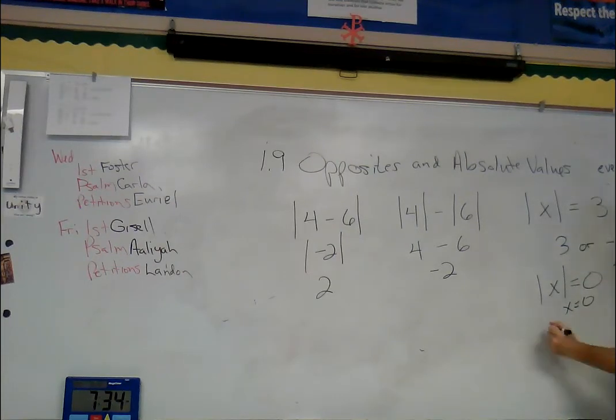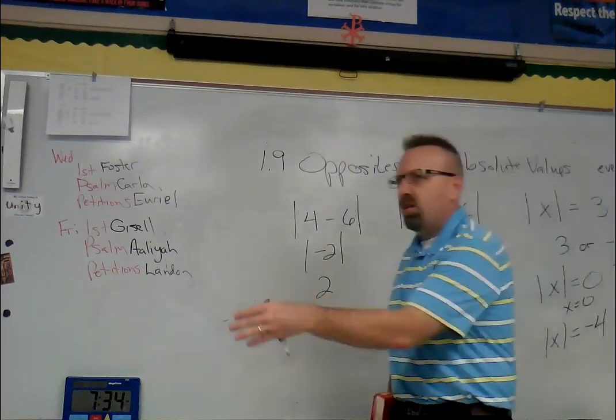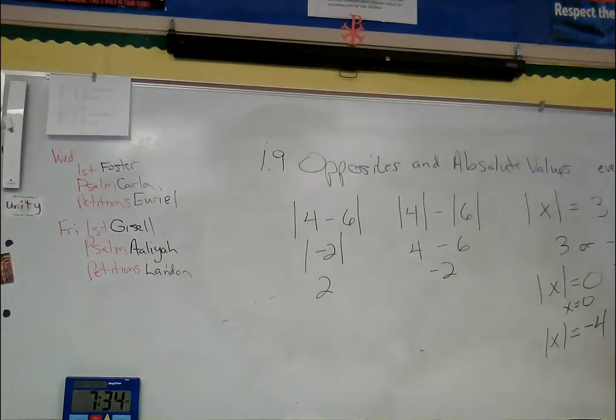Now, let's look at one last example. Can we ever get an absolute value that's negative? What number is negative 4 from 0? Well, how many units is 4 away? 4. You always measure distance as positive, so no matter which way you walk, you've still gone 4 units. So in this case, our answer is no solution. It's not possible to go negative.